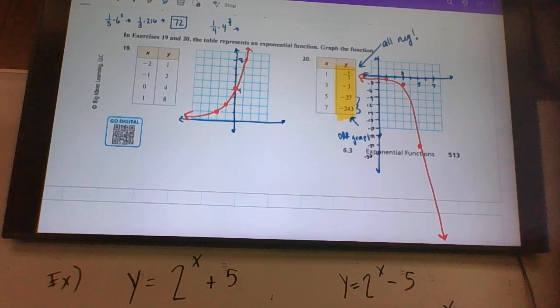When you leave here today after this 45 minutes, this is what I need you to know. If x is an exponent, the graph is a half curve. Did you take that away? If the x is an exponent, the graph is a half curve. The x is an exponent, match it with a half curve graph. Okay?